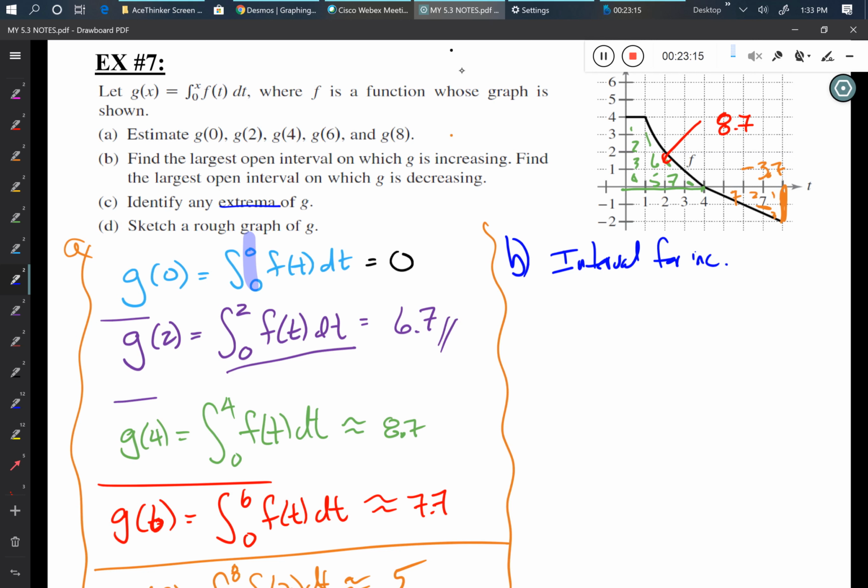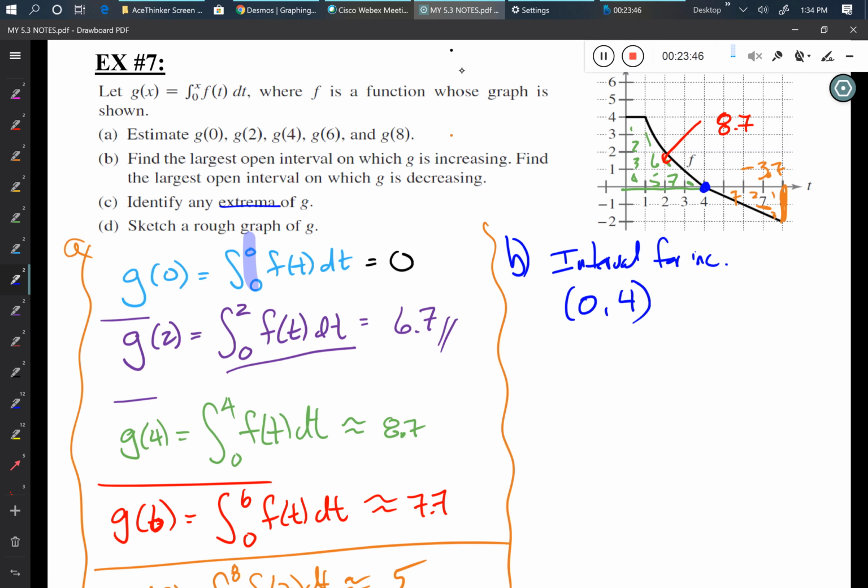So when did it stop getting bigger and start getting smaller? Well, the switch occurred right here. Because up till 4 on that t-axis, as t grew, more area, more area, more area, we just kept adding more area under it. And since we keep adding more area, g is getting bigger, so it looks like the interval of increasing is 0 to 4.